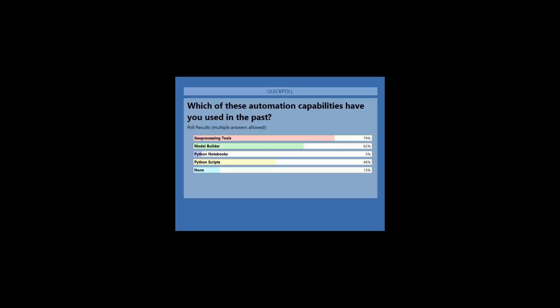Okay, so as you can see, many of you have used the geoprocessing tools, and not surprising. This is something that was a part of the ArcMap experience as well as it is in ArcGIS Pro, and same with Model Builder. And I'm actually quite surprised to see the number of people that have used Model Builder. I think it's great. I happen to like Model Builder and the ease of using it. Python notebooks, not surprising that only a small percentage of you have used them.